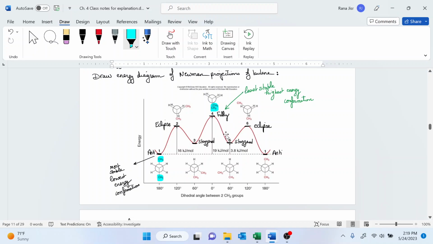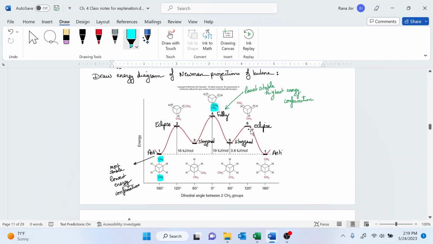And then you do another 60, you go back to the staggered. Now notice that the staggered here and there have the same energy, because both are gauche. All the interaction that I have here is the CH3 gauche interaction. Do another 60, you go to the eclipse. These two eclipse conformations have the same energy.